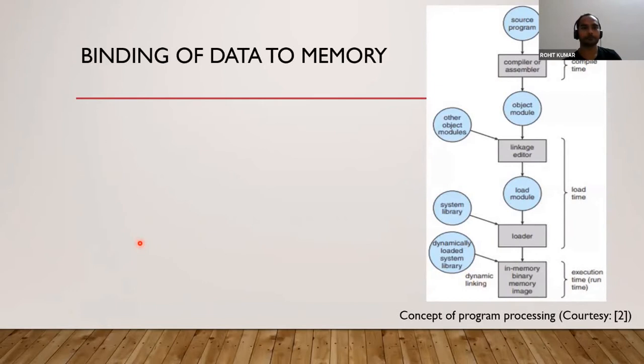Moving forward. Now we have understood why we need a memory management strategy. Why do we need a dedicated unit to take care of this particular task, that is memory management? Memory management is supposed to take care of your data access as well as its storage. So you are supposed to bind your data to a particular memory location.